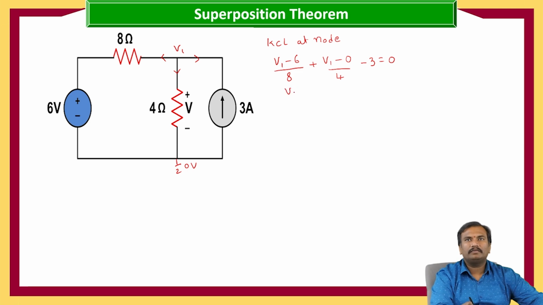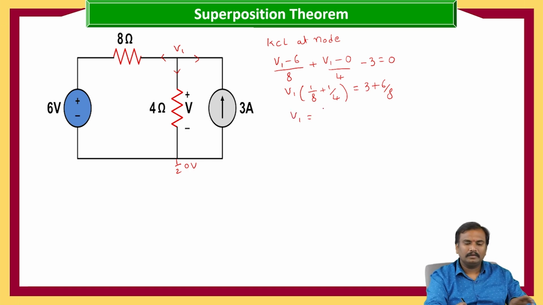That is, if we take V1 common, 1 by 8 plus 1 by 4 equals 3 plus 6 by 8, where V1 is equals to 3.75 by 0.375.